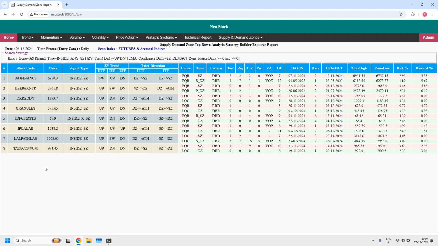If you are using HTF, your entry could be 15 minutes. If you are using this daily zone as an ITF, your entry could be 75 minutes. If you are using it in the downtrend, that is, using daily as a downtrend for ITF, then you will be using bearish trade setups.